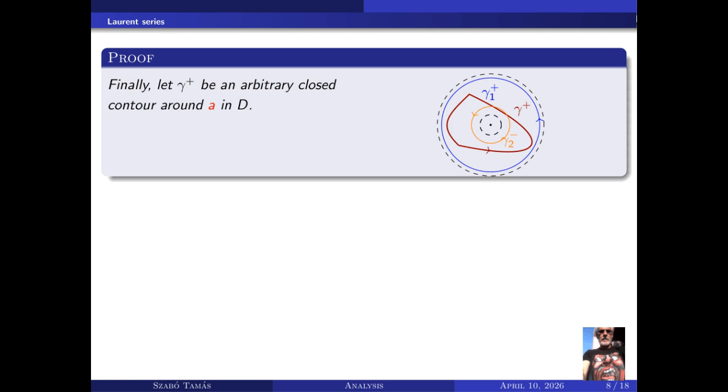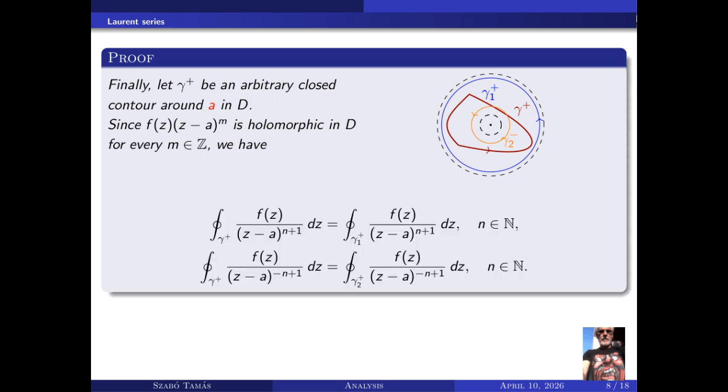Finally, let gamma plus be any closed contour around the point a inside D. Since f of z times (z minus a) to the m is holomorphic in D for every integer m, we have the contour integral over gamma plus equals the same integral over gamma 1 plus for every positive integer n.